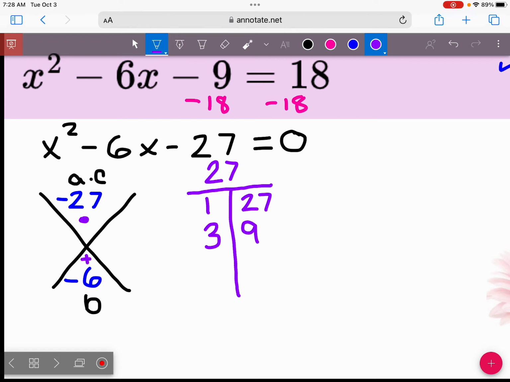I think that's it. So since we need a negative 27, what we're looking for is which pair of these has a difference of 6? 3 and 9. One of these is going to be negative in order for my product to be negative. Which number, 3 or 9, needs to be negative so that my b is negative 6? The 9.